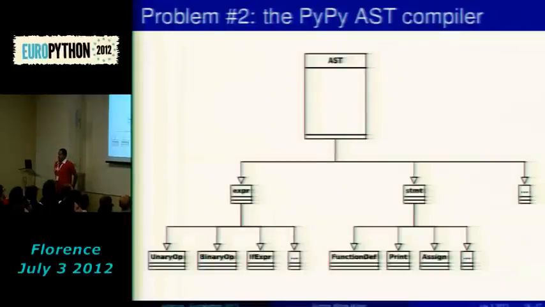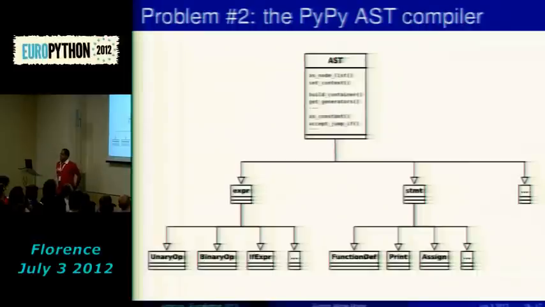So what we did: this is a real example from PyPy, in particular the AST compiler, which has this hierarchy of classes, the base class, which is AST, and then a lot of subclasses and subclasses of them, etc. And in the base class, there are a lot of methods.